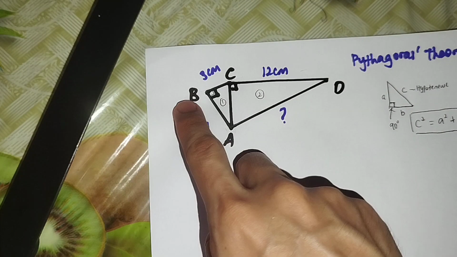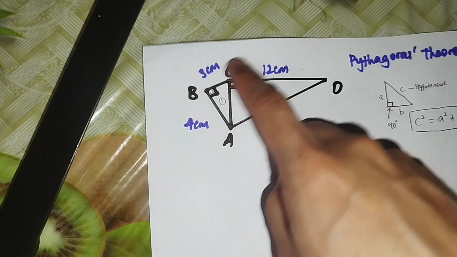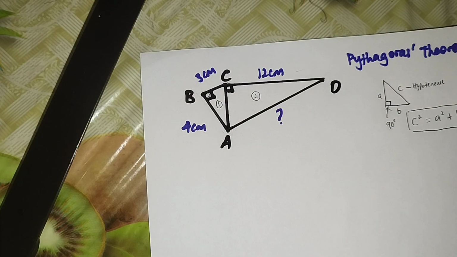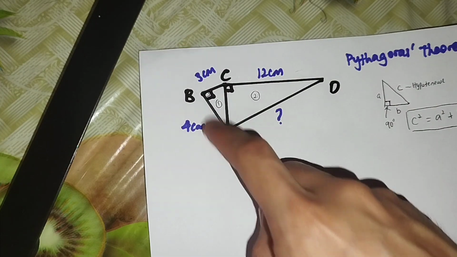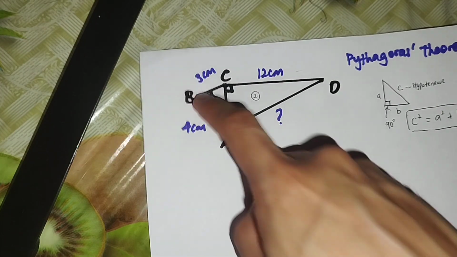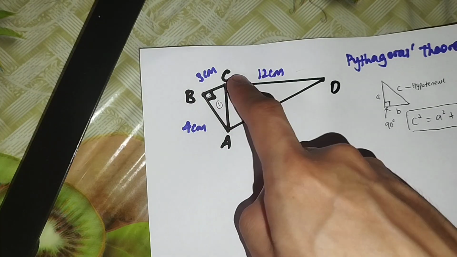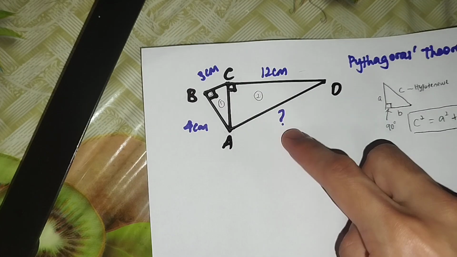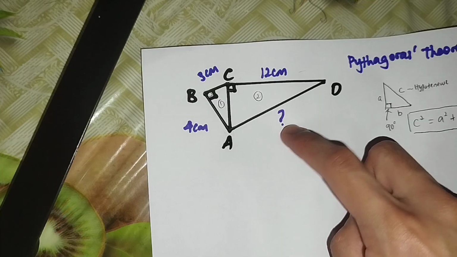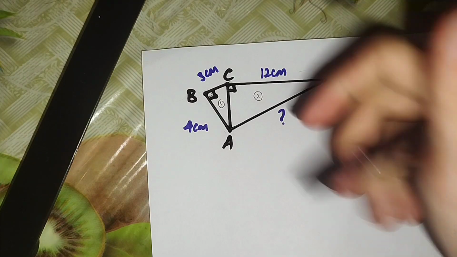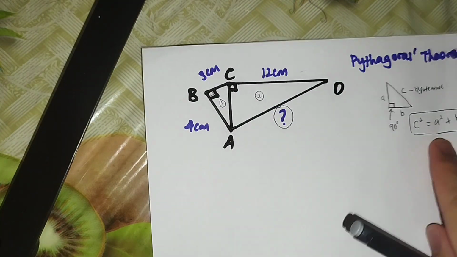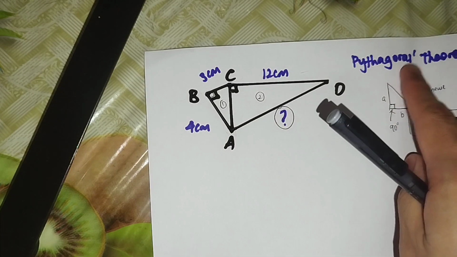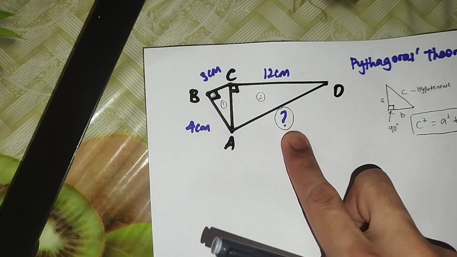And we have the letters here to clearly mark what each and every corner means, and their corresponding lengths. We have AB, the length is 4 centimeters, BC is 3 centimeters, CD is 12 centimeters, and AD is missing. And this is the part that we are trying to solve. So we're going to use this principle to solve this problem, to find the unknown. That's what the Pythagoras theorem does, to find unknowns.